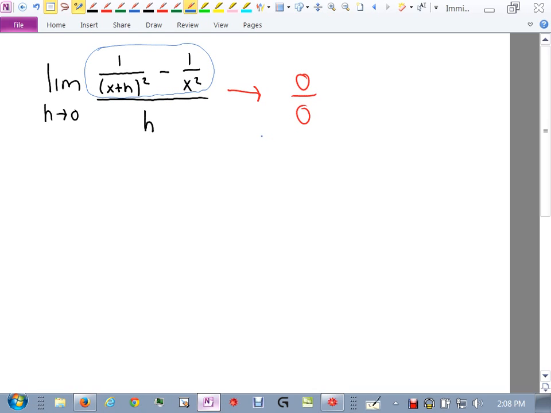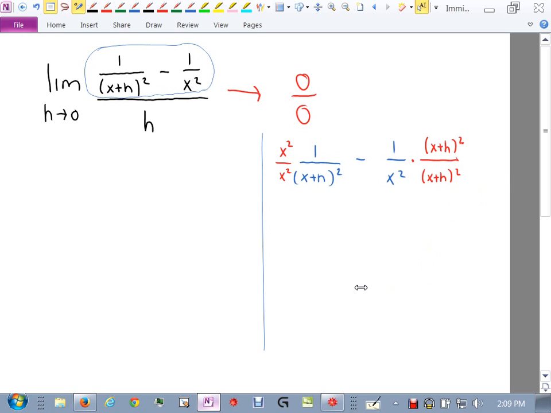So I'm going to do that on the side. I got 1 over x plus h squared, and then I've got minus 1 over x squared. So when it comes to common denominator, all I'm going to be able to do is on this first one, put an x squared on the top and bottom, and on the other one, put what? x plus h squared on top and bottom.